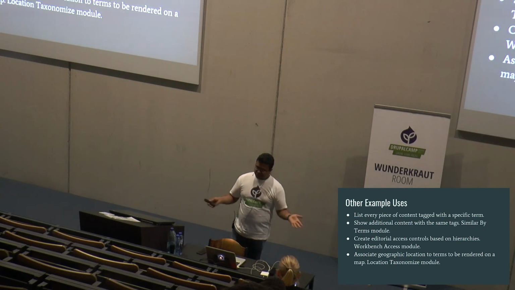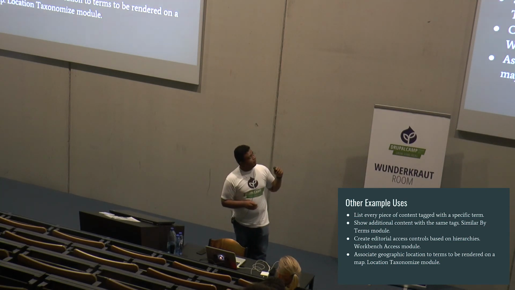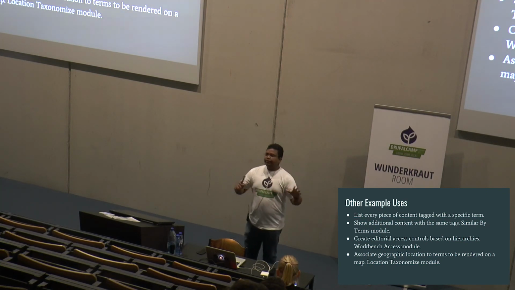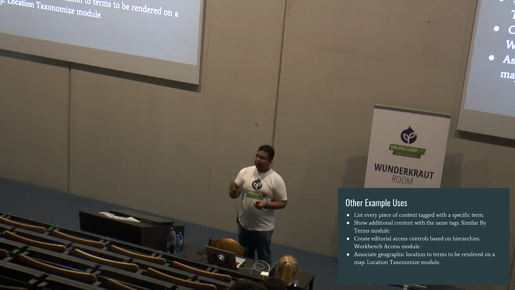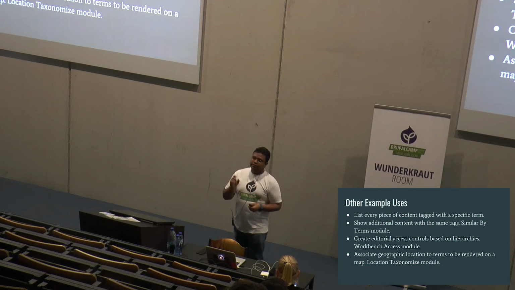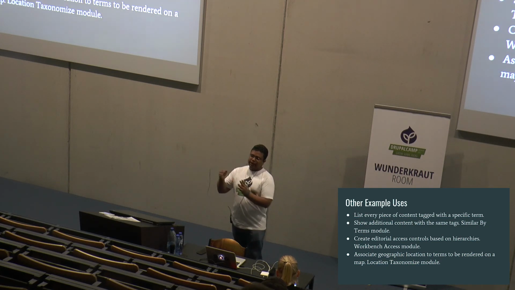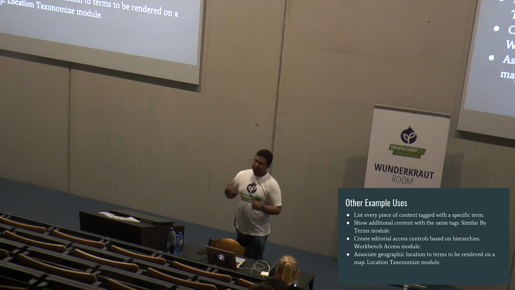Or not so useful examples: by default, when you use the taxonomy system, for each taxonomy term, you get one special page that lists all the content of your website that was tagged with that specific term. But that is Drupal core out of the box, and you can add modules to that.